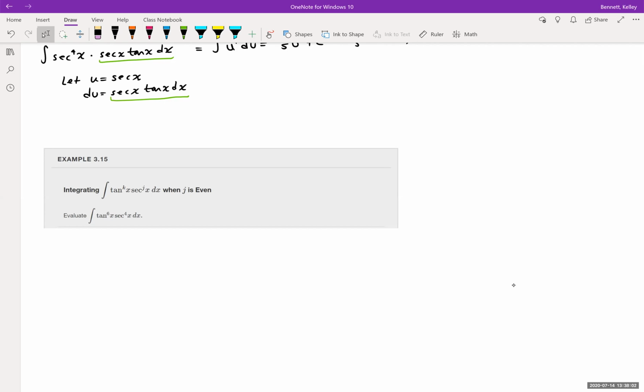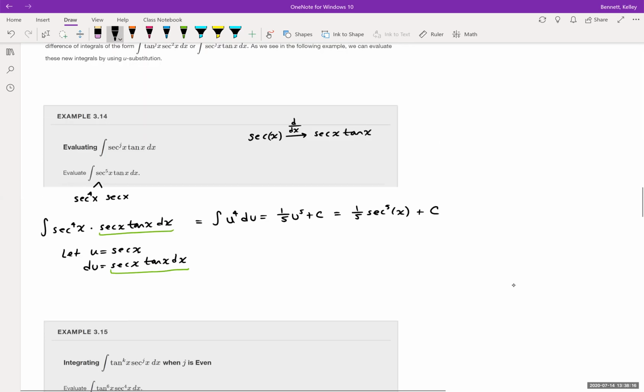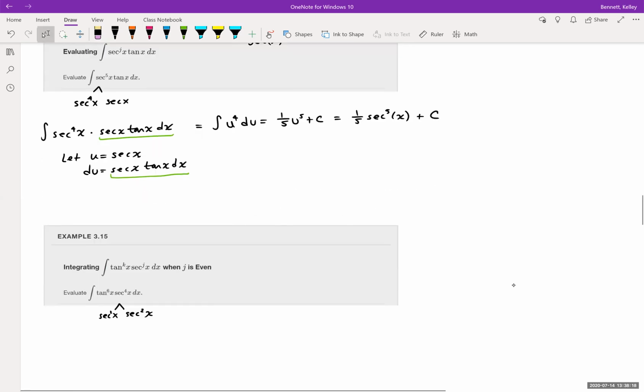So what's interesting here is that secant to the 4th becomes secant squared times secant squared. So anytime you have an even power, I'll write it like this. When you have an even power of secant, pull out 2 for du is kind of the idea.